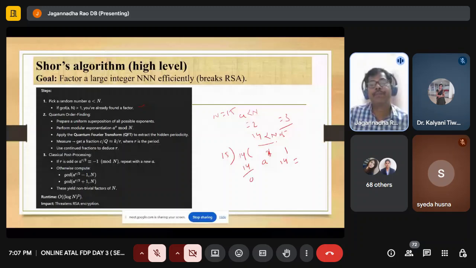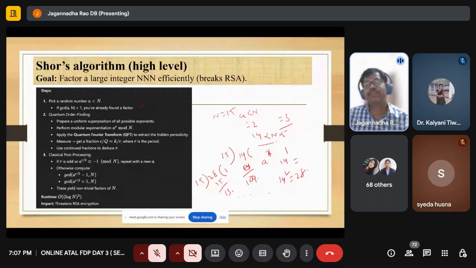Next, 14 power 2 is 196, and the remainder is 1. So slowly it is reducing. Up to 13, 12, like this it is coming. Then within a minimum of 14 iterations, maybe we get an odd number. So once you get an odd number, it may be possible.